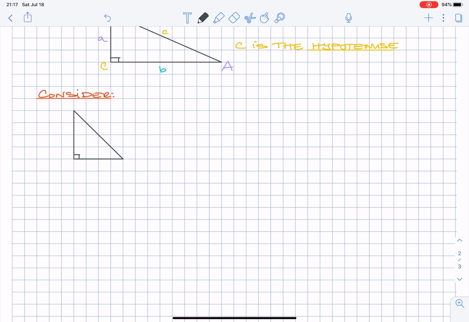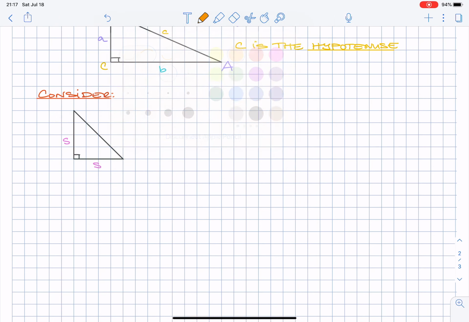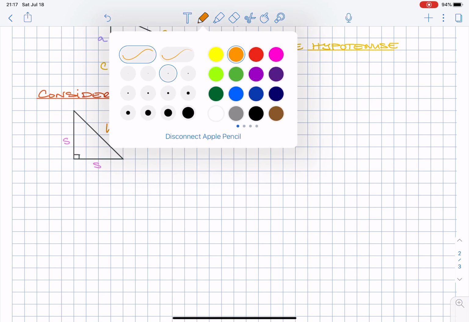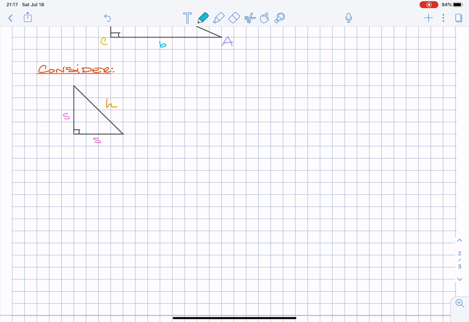Let's call the length of the sides S. So this is side S, because they're the same. And then I want to find the length of the hypotenuse. Let's call that H. Well, since I've got a 90-degree angle right here, and I know that the sum is 180, I have to split 90 degrees between the other two, which gives me 45 degrees and 45 degrees.